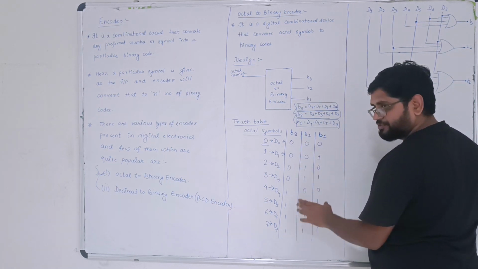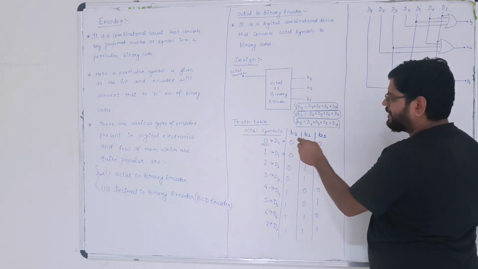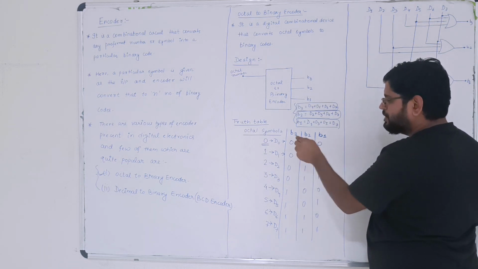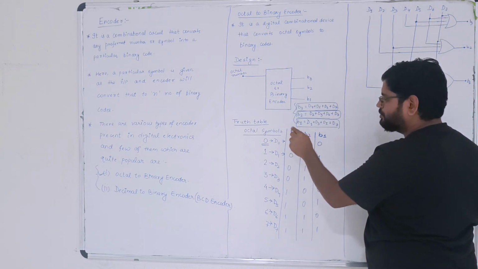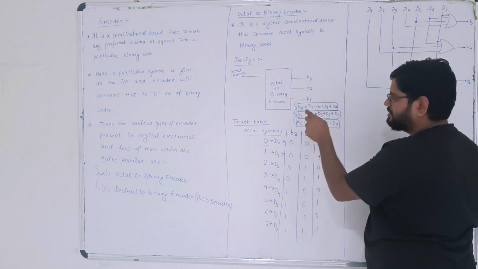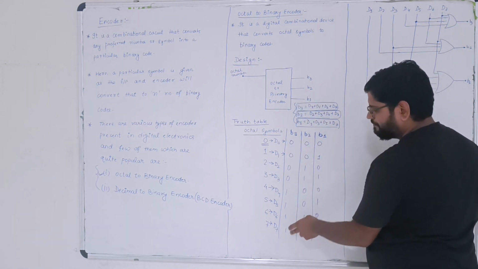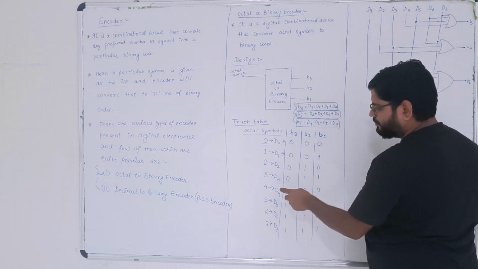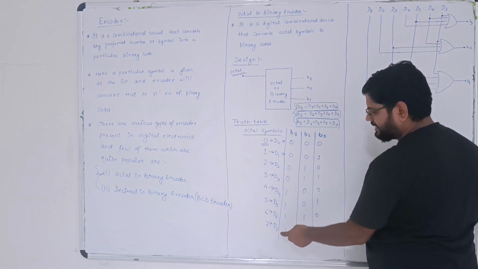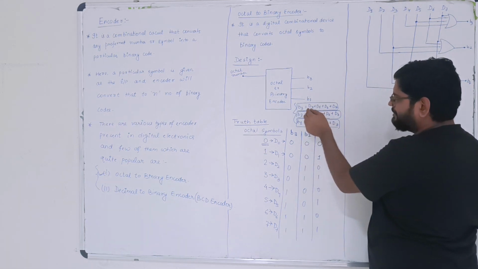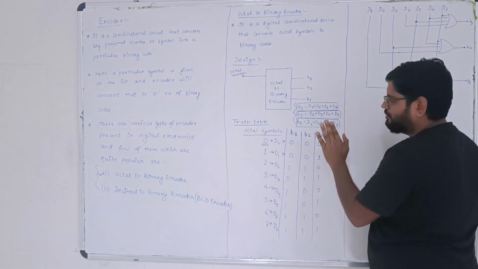After having this truth table, we need to find the expression for the output. First we need to find B3. Now you have to look for where the values are equal to 1. In the case of B3, D4 is high, D5 is high, D6 is high, and D7 is high, so we have added them in order to get the value of B3.